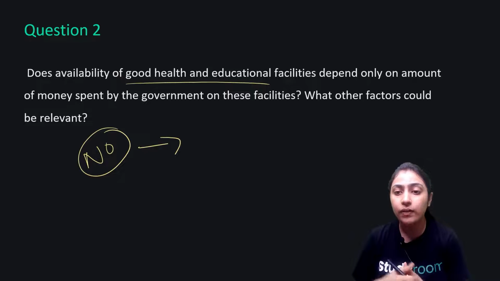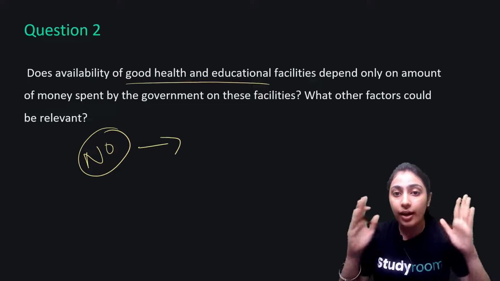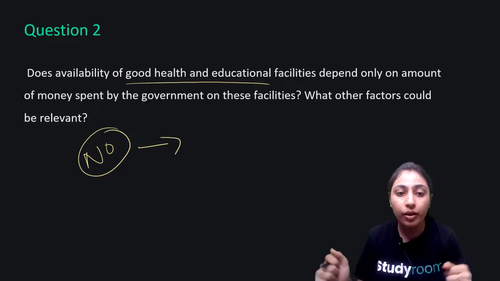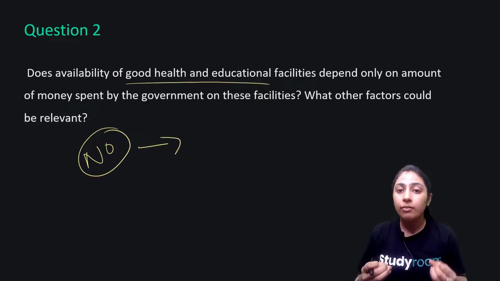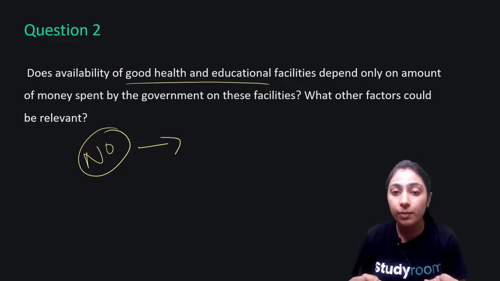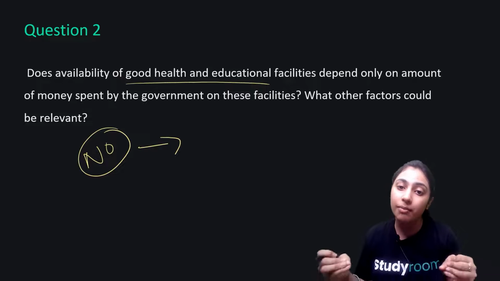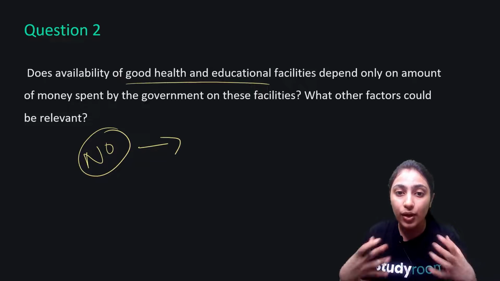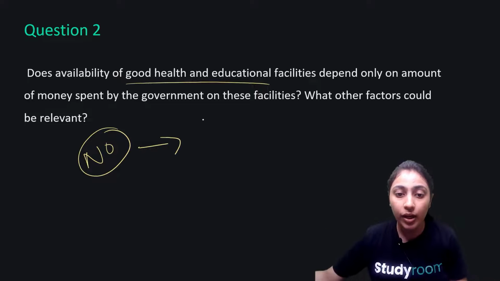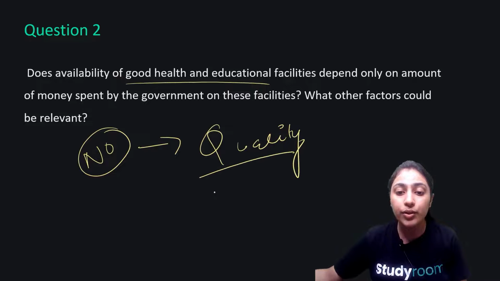It's absolutely wasted. So it is not entirely the problem of the government to provide good health and educational facilities. What the government does is help us with the infrastructure. They can pay the fees of the teacher, but the quality is also the responsibility of an individual.